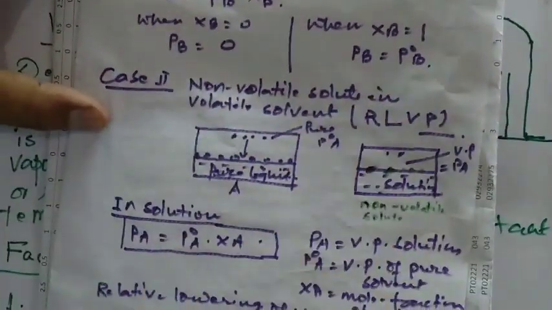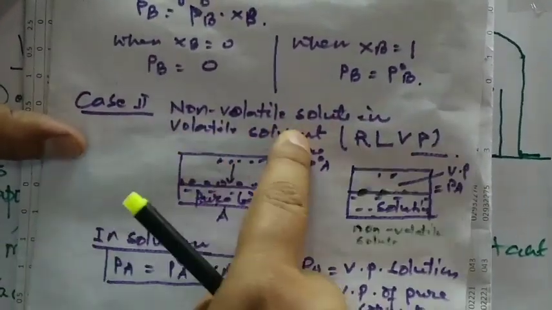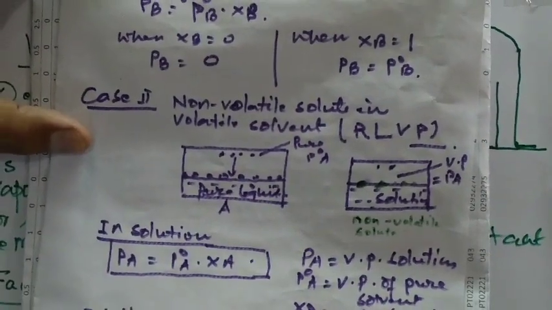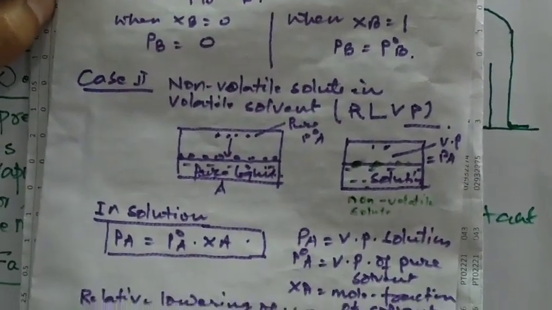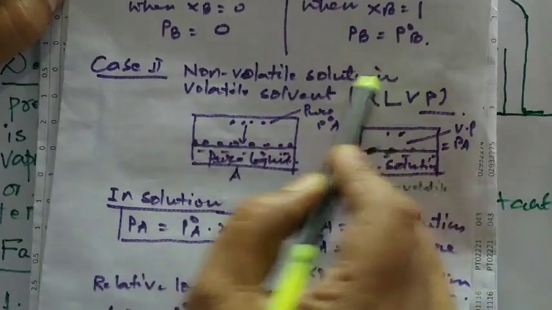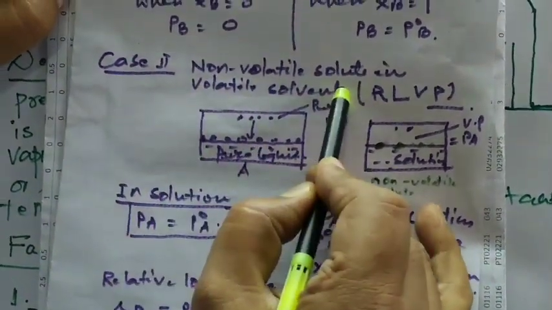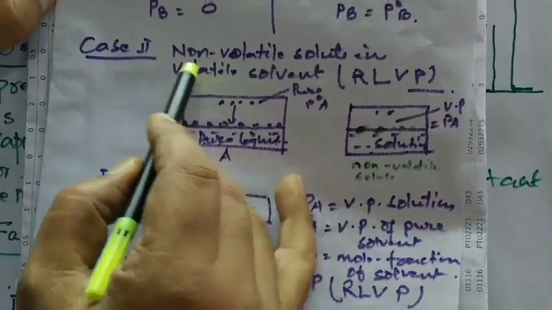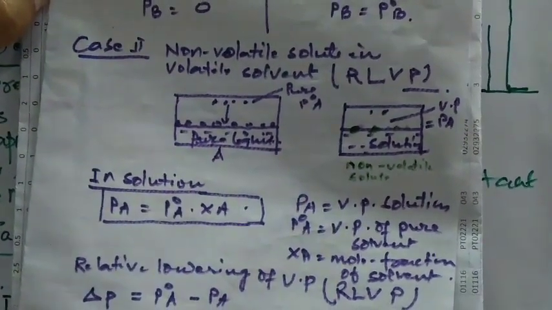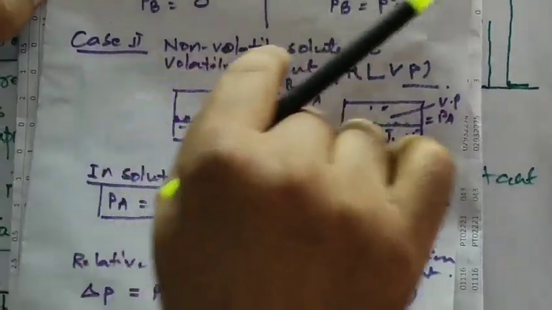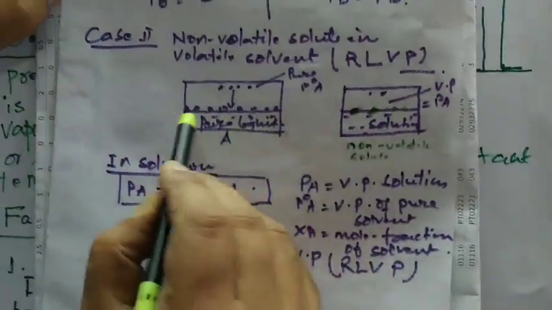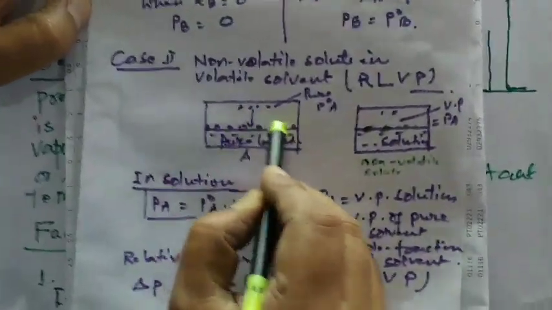Case 2, when a non-volatile solute is added into a volatile solvent. So what will happen in this case? Solid particles are added into a volatile liquid, so some solid particles will occupy the surface.